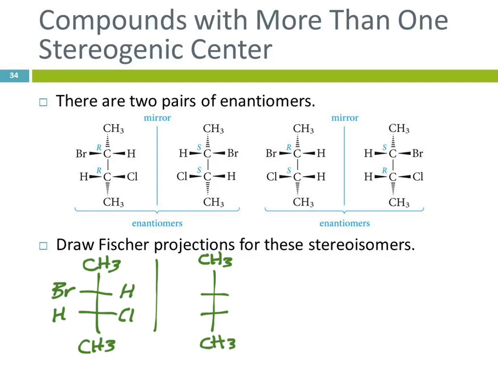And it also has those at the top and bottom. So this is one where both carbons are R, and this is one where they're both S. So these two are mirror images of each other. They're enantiomers. Enantiomers are non-superimposable mirror images.